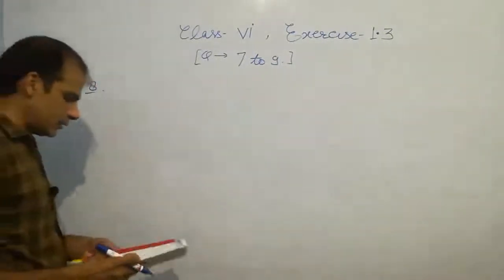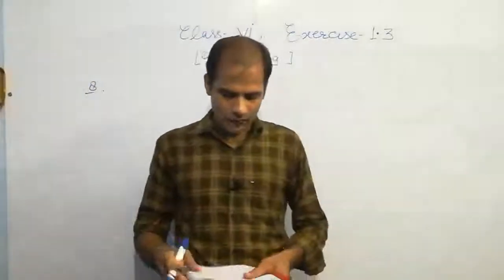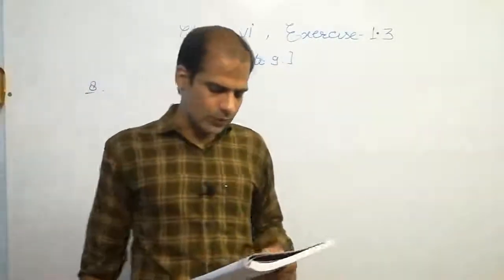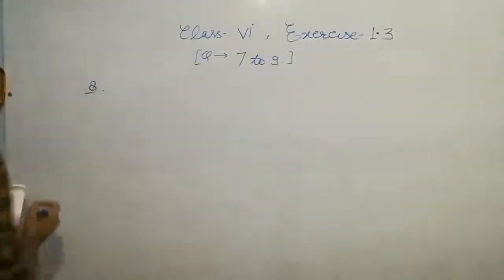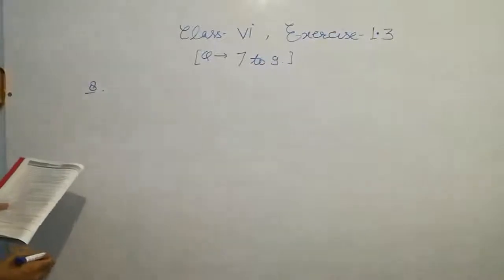Question number 8 is regarding the population of a town. So population of a town in the year 2015. Okay, so I am writing the solution directly. I am not going to write the question.